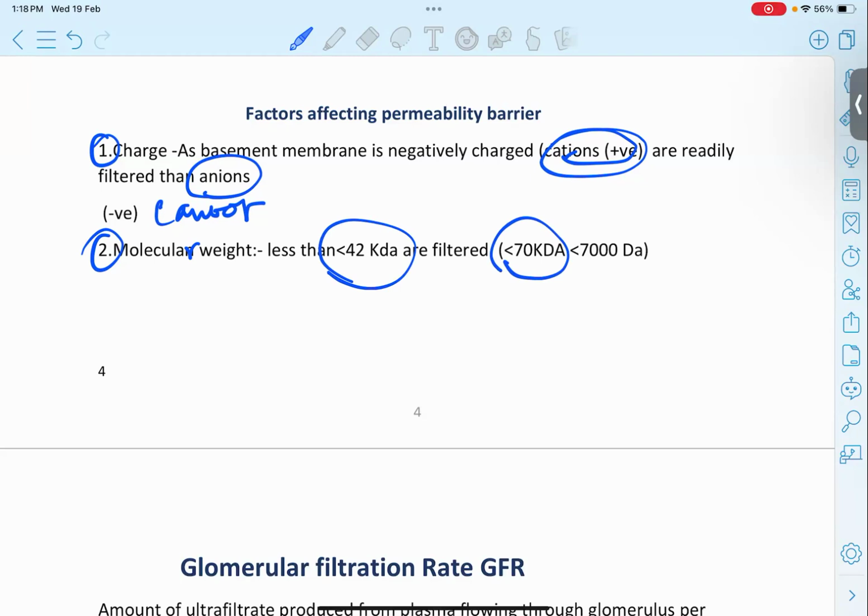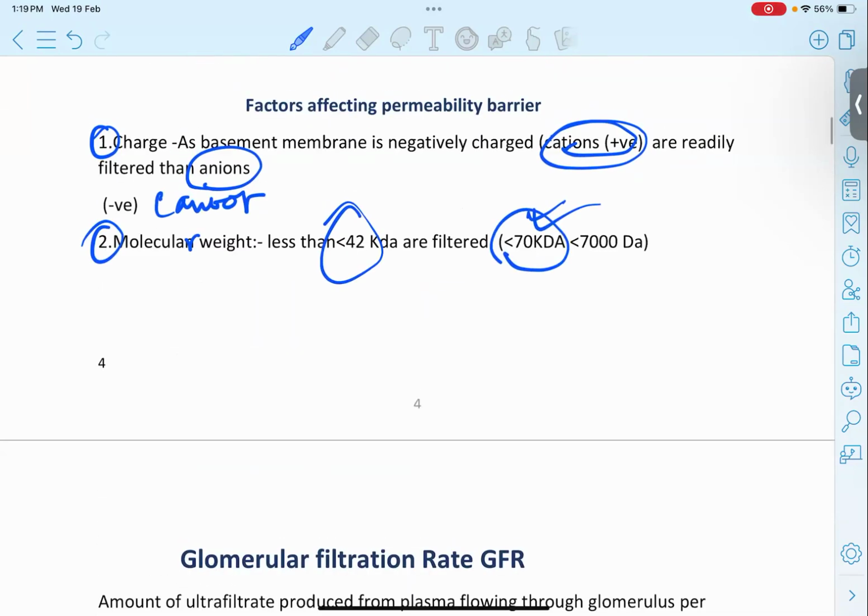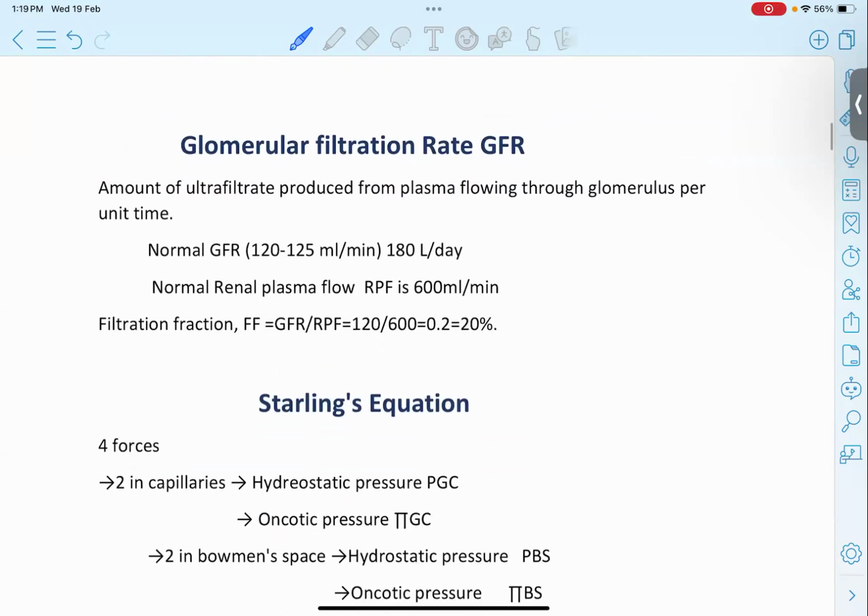I will suggest you go with the 70 one, but it is very unlikely that you will get both of them. Still, I've got it somewhere, that's why I've put it in the slide. So these two are the factors that affect the permeability barrier: charge and the molecular weight.